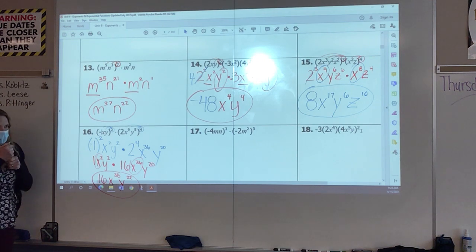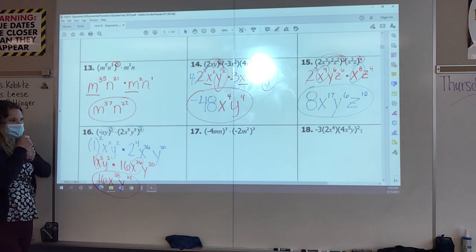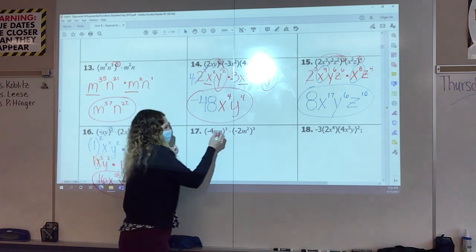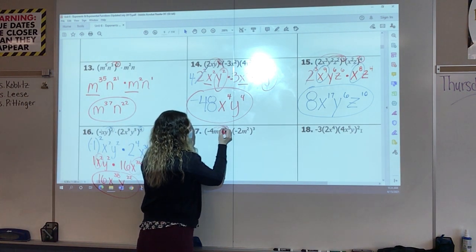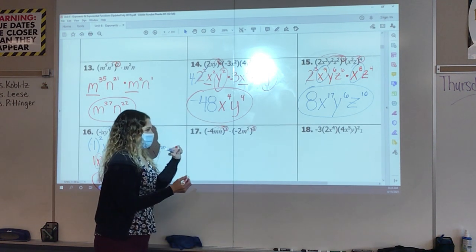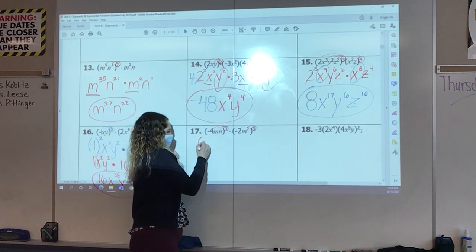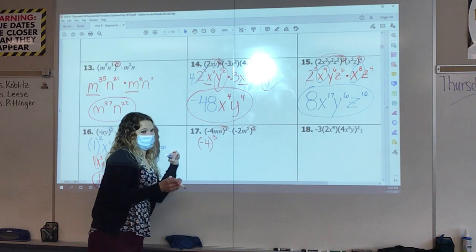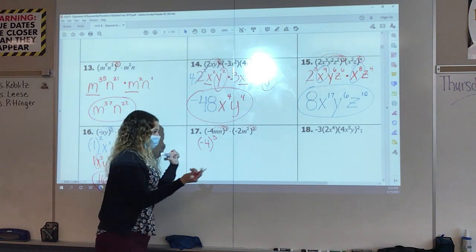Let's look at number 17. Distribute first. This 3 goes to everything. I always use parentheses when I have a negative number. We're cubing that, which means we are going to get a negative.